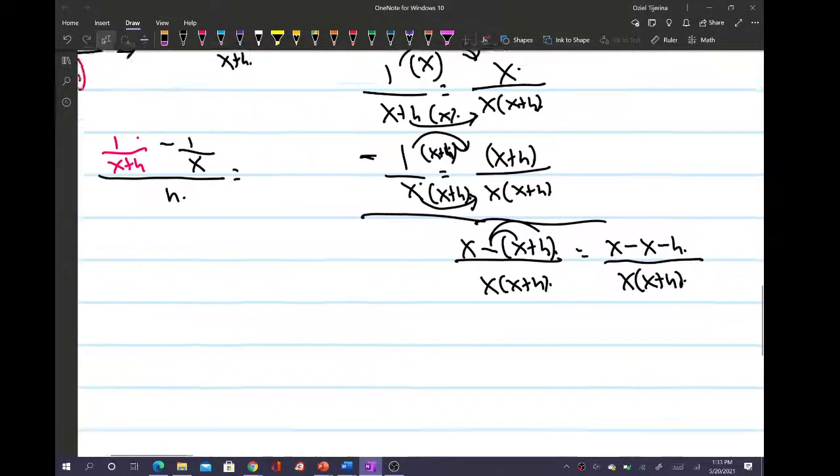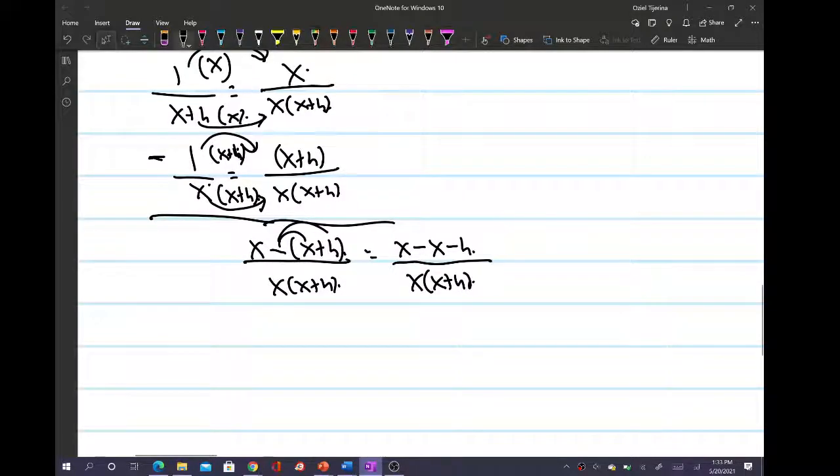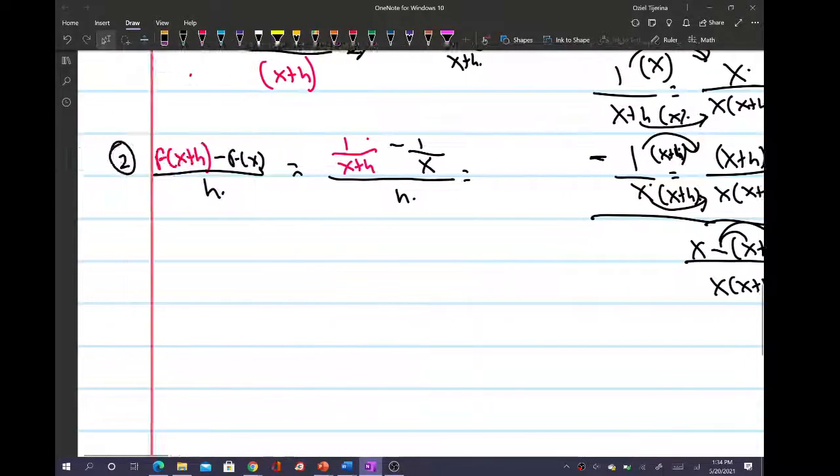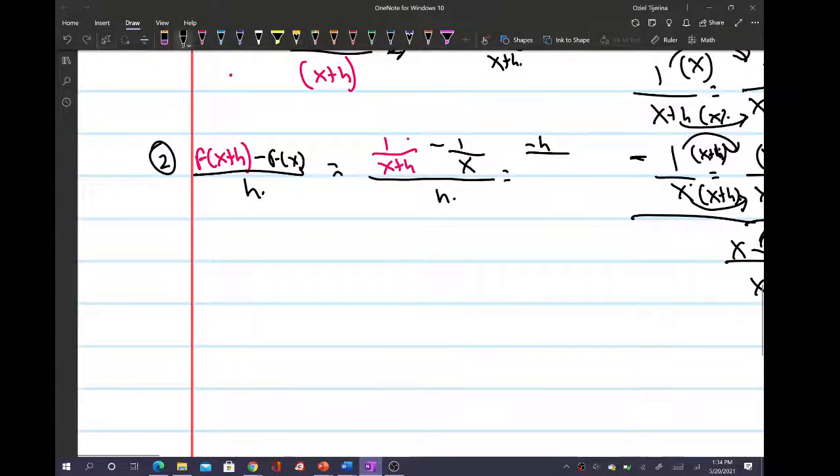Do not combine it yet, or do not simplify it, because you just never know if something might cancel out. So that's why I would recommend that you leave it unfactored. Okay, so we have negative h over x times x plus h, and that's what we get for the top. We get negative h over x times x plus h, right?